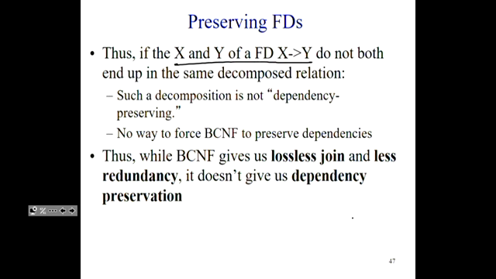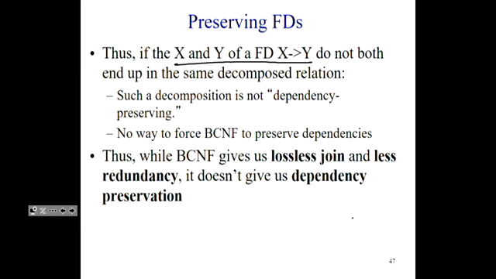If you have a functional dependency x implies y, and both x and y don't end up in the same decomposed relation, then that decomposition is not dependency preserving. That is a dependency that is not preserved. Unfortunately, there's no way to force the BCNF form to preserve dependency. So while BCNF gives us lossless join and tries to minimize the redundancy, it does not give us dependency preservation.